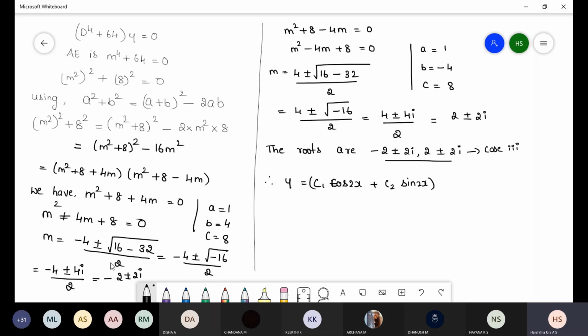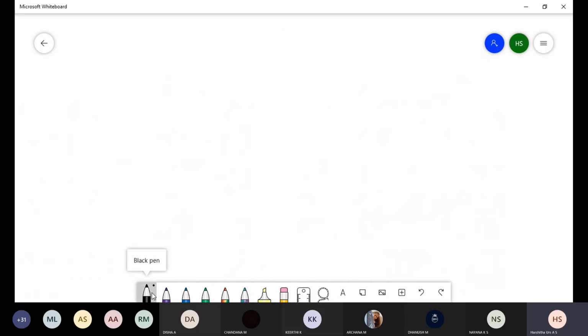Here e^(px) means e^(−2x) because our p value is −2, plus e^(2x)(c3 cos 2x + c4 sin 2x), where e^(px) means e^(2x). This is the general solution.